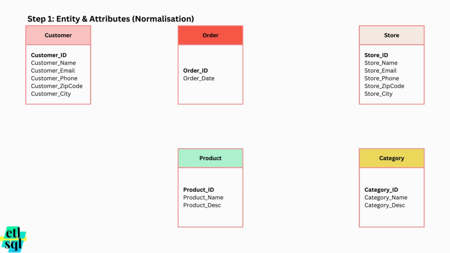So all the attributes of an entity are mentioned here as column names. The column name, which is highlighted in bold, is the primary key for that particular table. So customer ID, order ID, store ID, category ID, product ID are the primary key for this table. So we are good with entity and attributes.